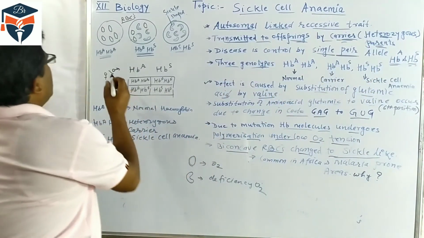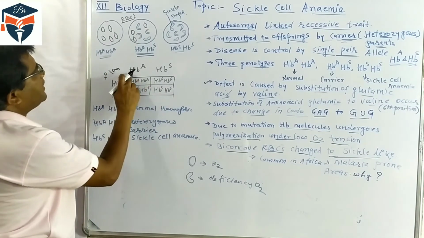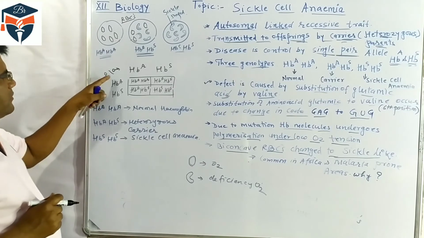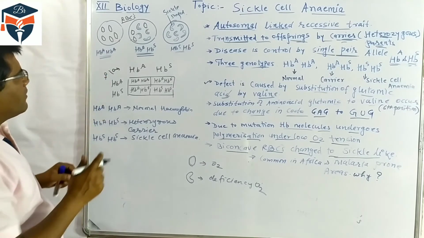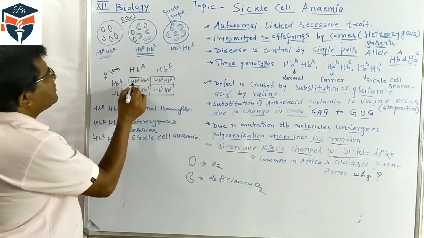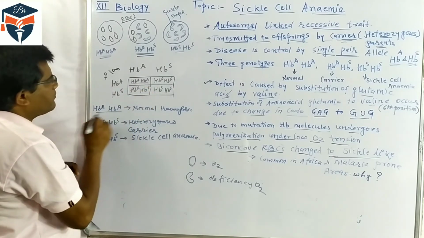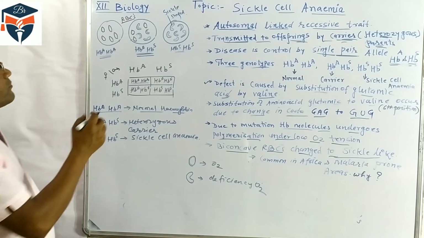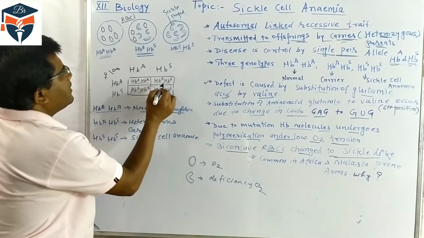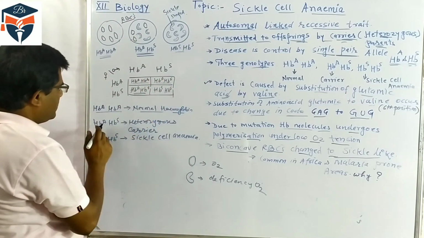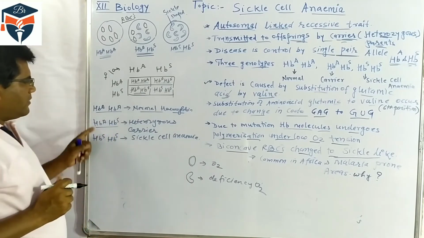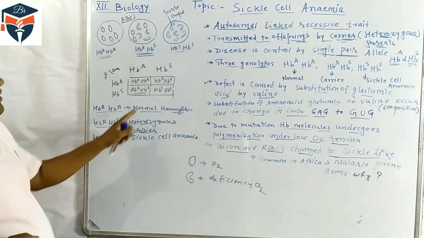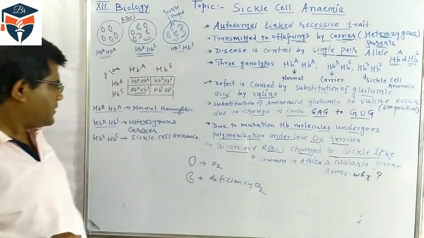I am taking a male as heterozygous HBA, HBS, and a female also HBA, HBS. When I cross them, one is HBA, HBA, normal hemoglobin, a normal person. Then HBA, HBS twice more, and these are heterozygous carriers. Through this carrier, the disease is transmitted.